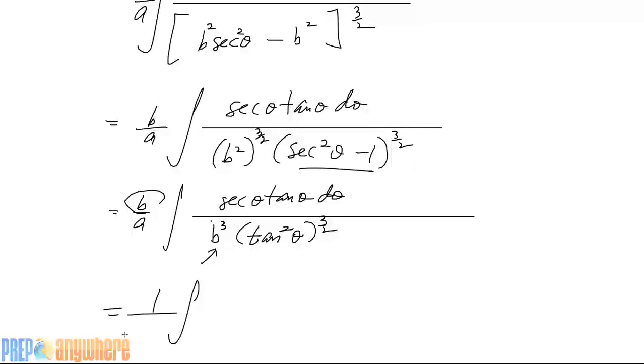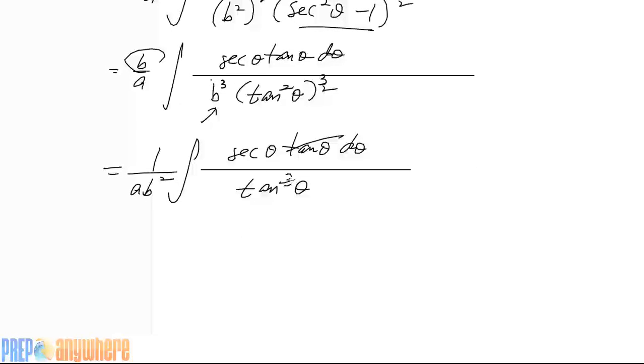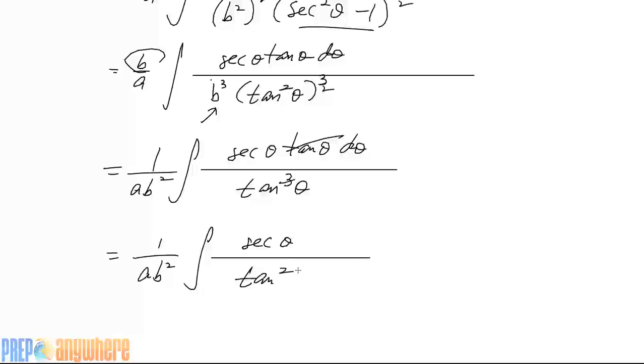So we have 1 over a b squared, and this will give you tangent cubed theta. So we can reduce that to get a power of 2 at the bottom. So we have secant theta over tangent squared theta.